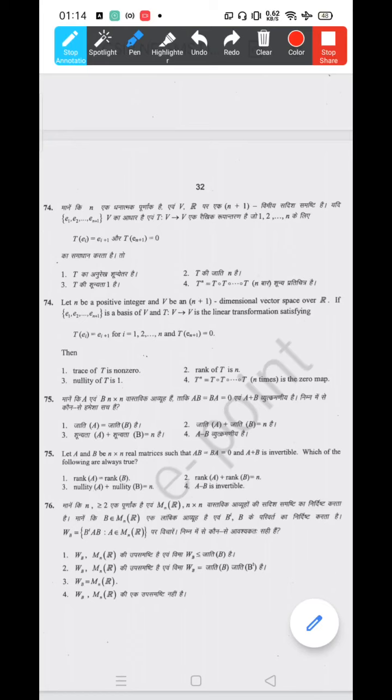See, A plus B is invertible. That means what? The rank of A plus B is n. Okay, and AB equal to BA equal to 0, then rank will be normal addition, rank A plus rank B equal to n. So option 2 is true. If 2 is true, then option 3 is also true. So for this one, options 2, 3 and 4 will be the correct ones. Okay, let us go to the next one.